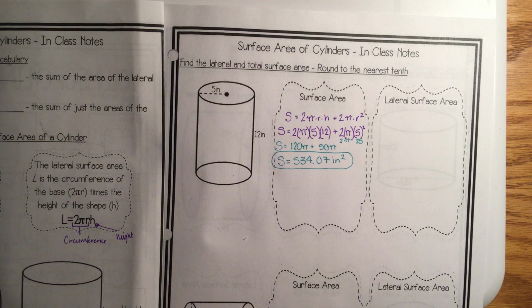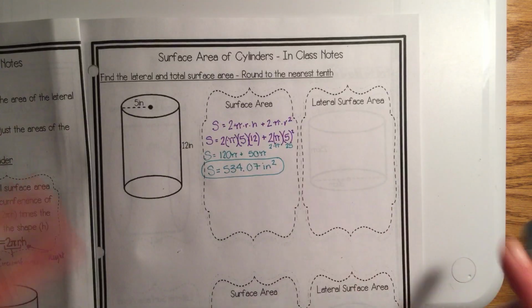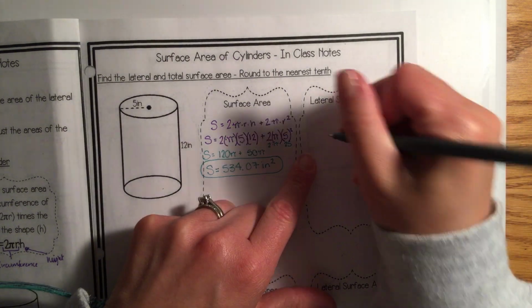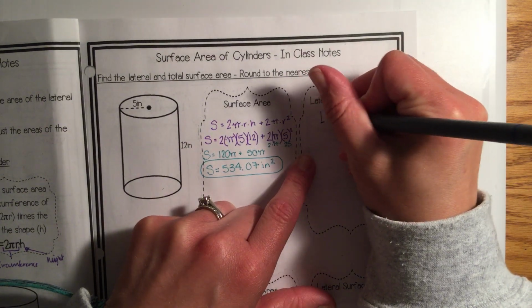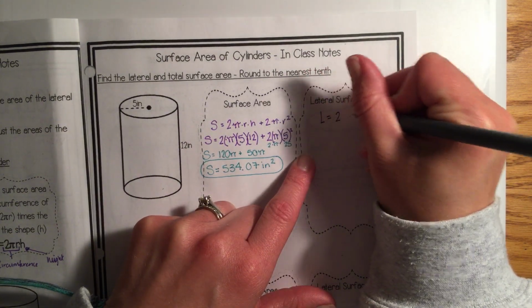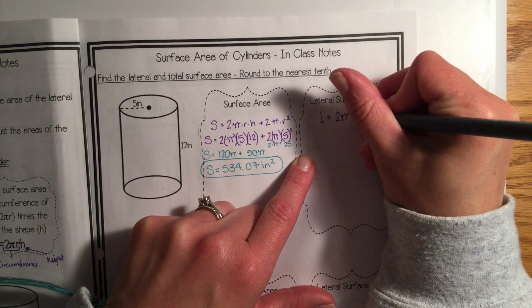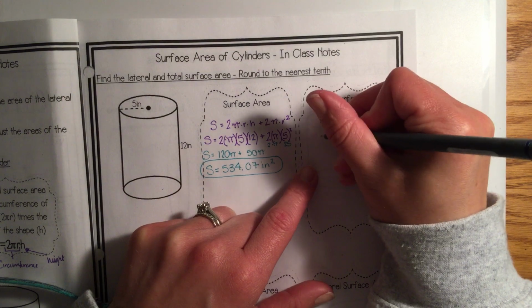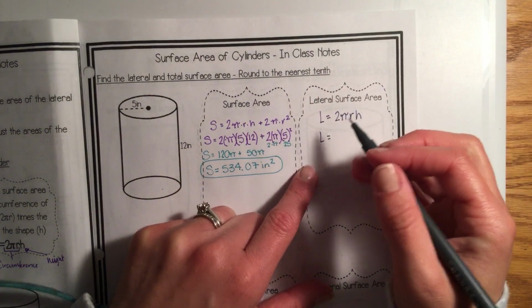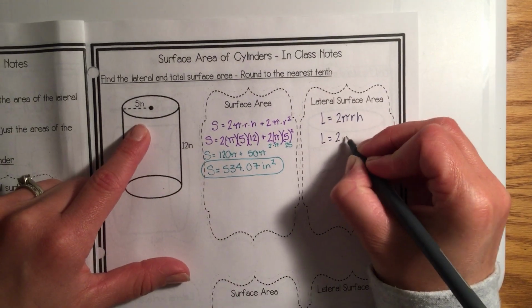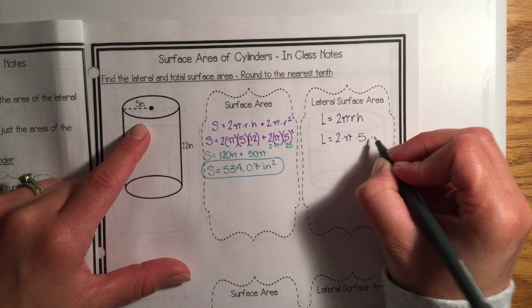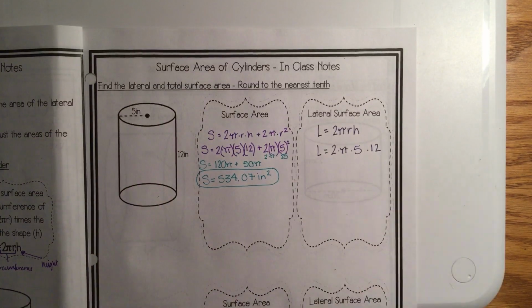Okay, so your next problem here, we're just going to find the lateral surface area. So the lateral surface area, our formula is L equals 2 pi r times h. Plug in what we know. We can leave the 2 there, we can leave the pi there, the radius is 5, and our height is 12.